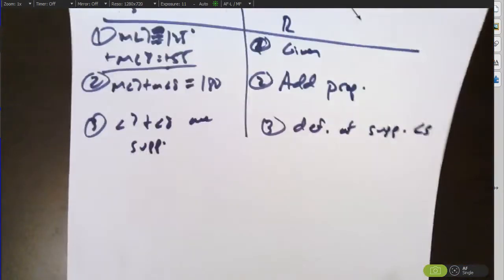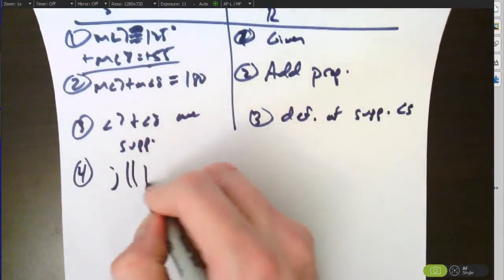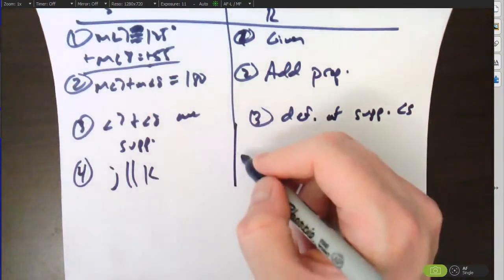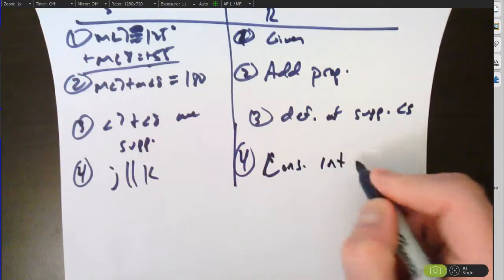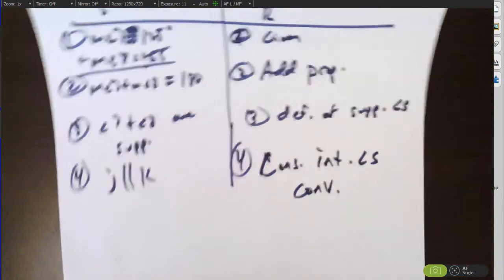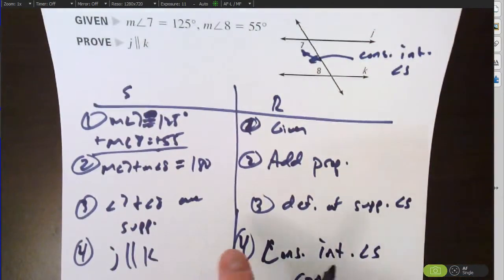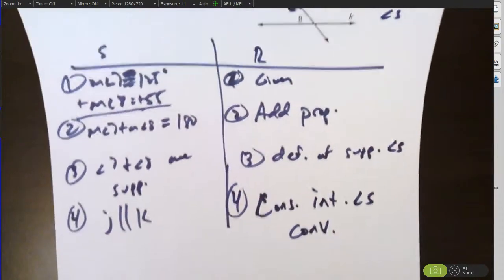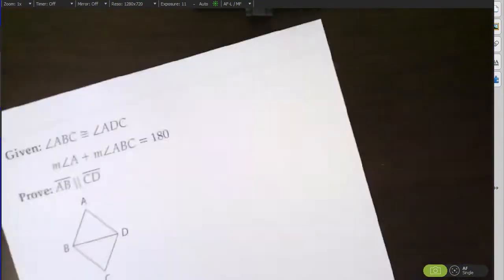And now I can say for step 4 that J is parallel to K because of the consecutive interior angles converse. Since the consecutive interior angles, 7 and 8, were supplementary, those two lines have to be parallel. Okay. All right then, let's look at the next one.